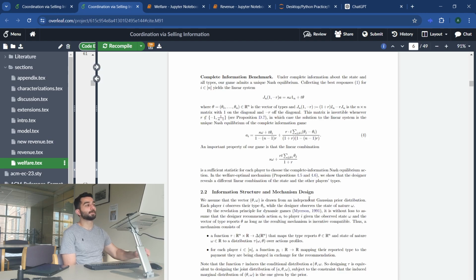Now let's find Bayes Nash. Okay, the thing with Nash is that in the complete information Nash equilibrium, they know omega and theta I and everything. So is there any point?